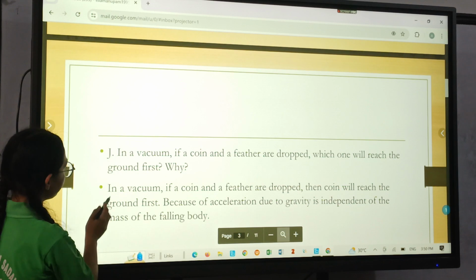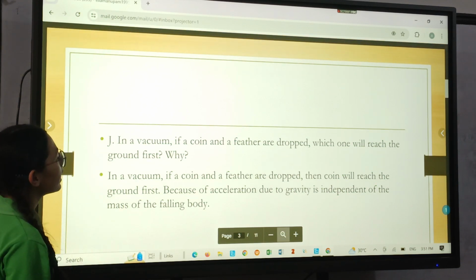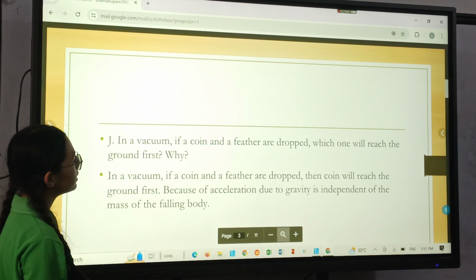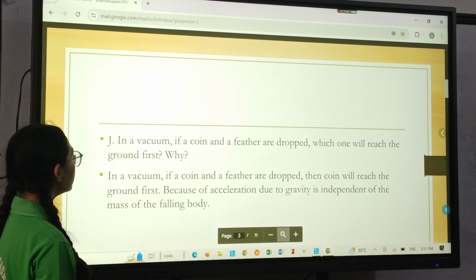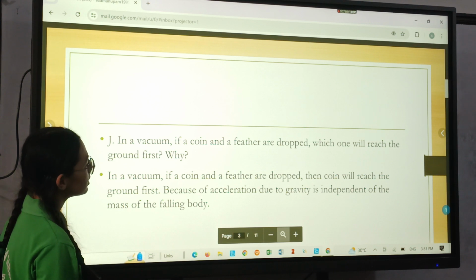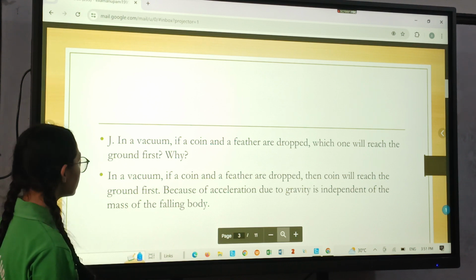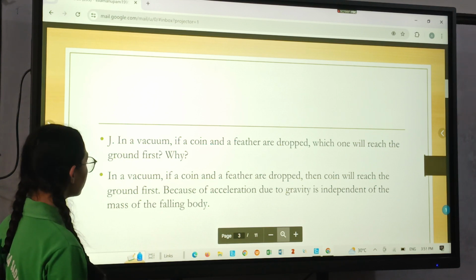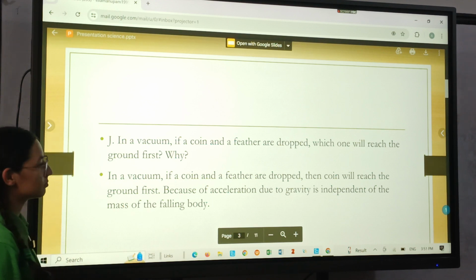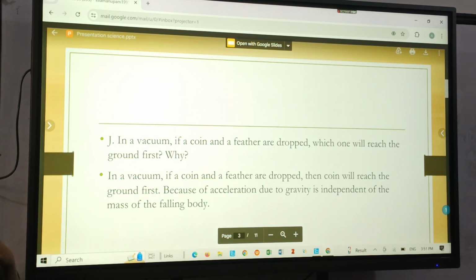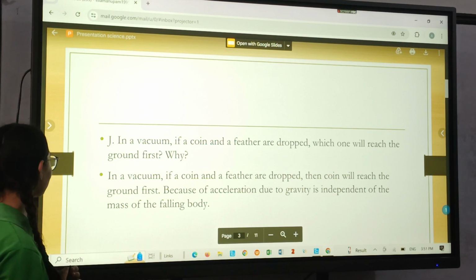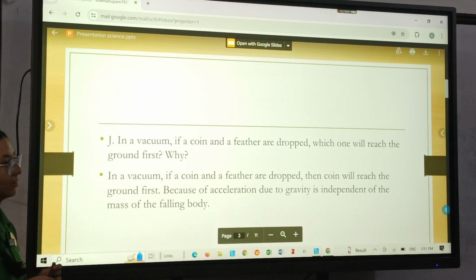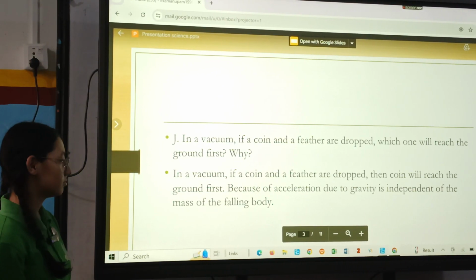Number 2. In a vacuum, if a coin and a feather are dropped, which one will reach the ground first? Why? In a vacuum, the coin will reach the ground first because acceleration due to gravity is independent of the mass of the falling body. And this is wrong, right? In a vacuum, all bodies fall together. We have studied that acceleration due to gravity is independent of the mass of falling bodies.